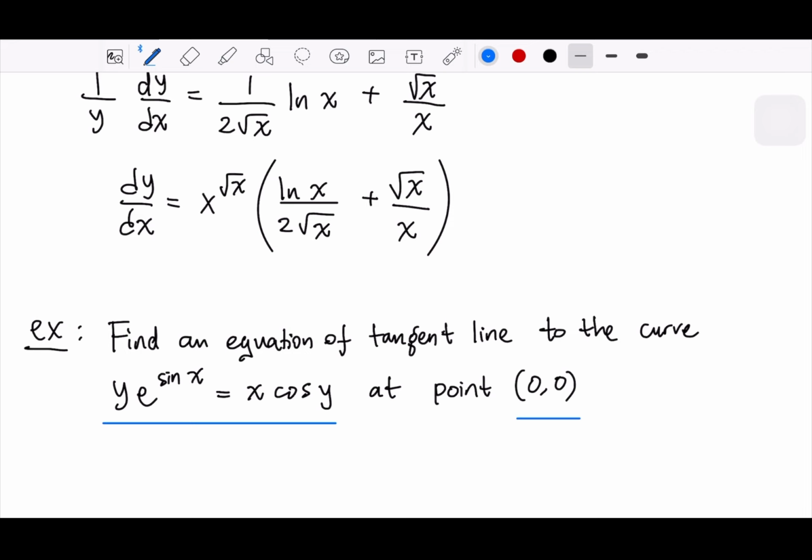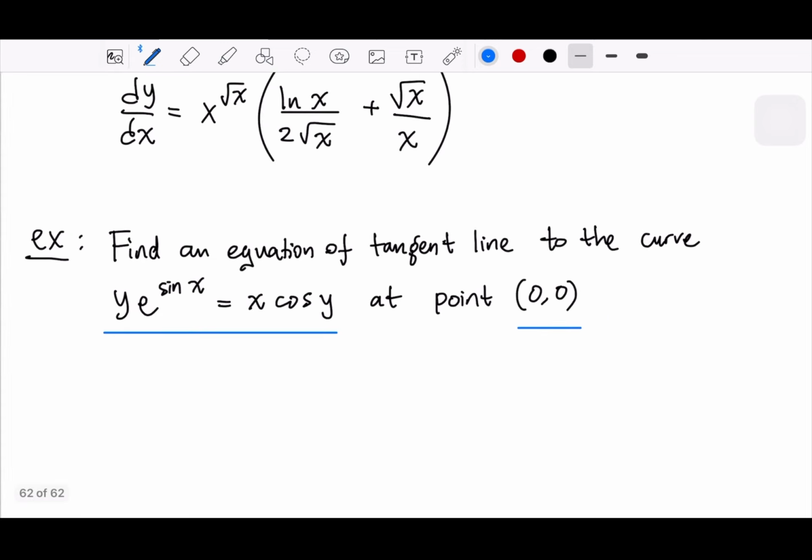No need to take. Well, you could try adding log as well, and you could separate some functions. But I think if you don't mind, you can just derive directly using implicit differentiations.